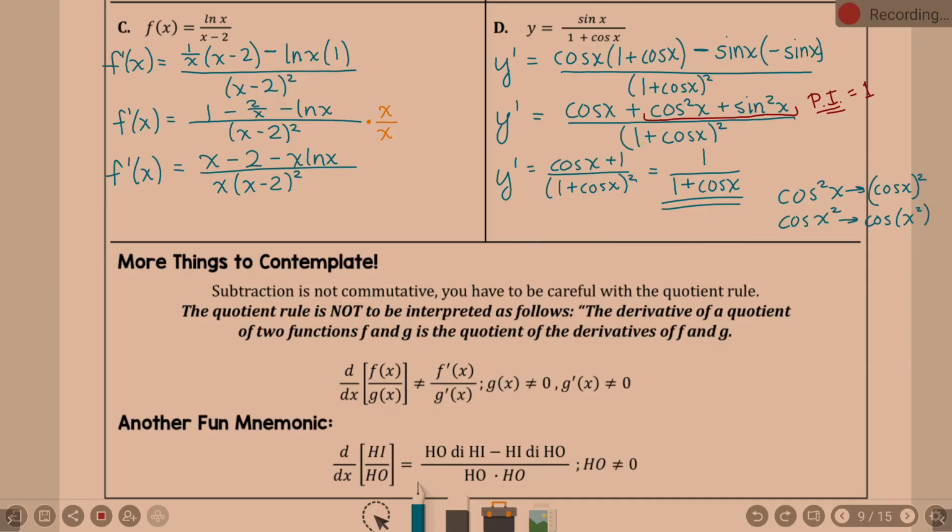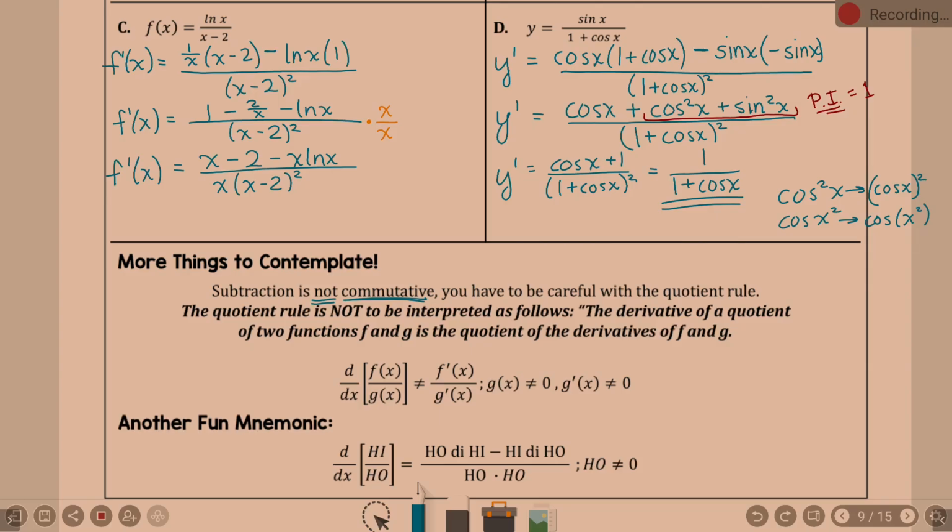Big reminder, subtraction is not commutative like addition. You have to be careful with the quotient rule. The quotient rule is not just the derivative of the top over the derivative of the bottom. That's the mistake we'll make moving forward until you get used to using it all the time.